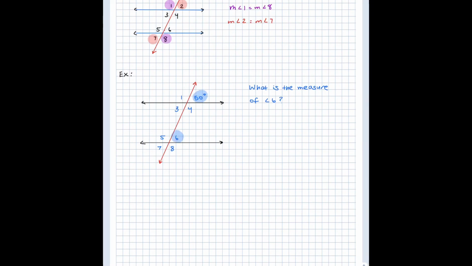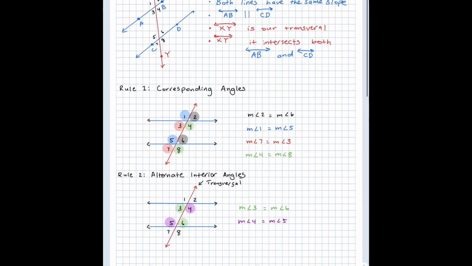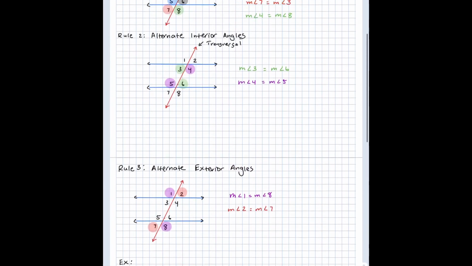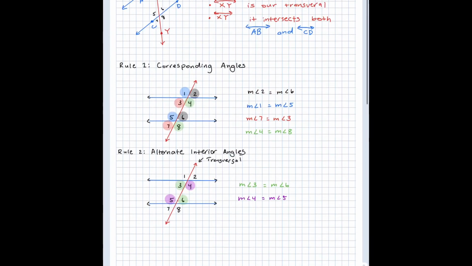This is angle 6. What do we know about these two angles? They are what types of angles? These are corresponding angles. So, sorry. What do we know about corresponding angles?